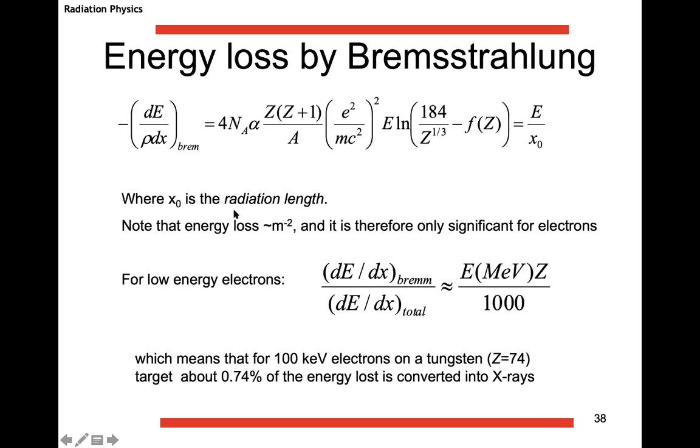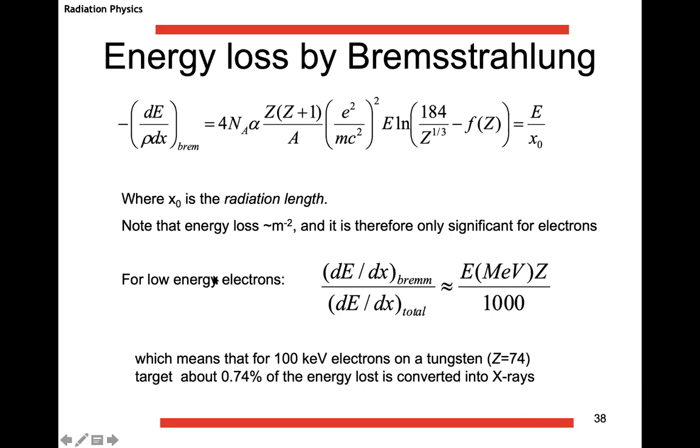Now, the energy loss, if you look at the formula, is proportional to m to the minus 2, one over the square of the mass. So it is very, very low for heavy particles, and is really significant only for electrons. Generally, not always, but generally, when we talk about Bremsstrahlung, we talk about electrons, and the production of photons is always from electrons.